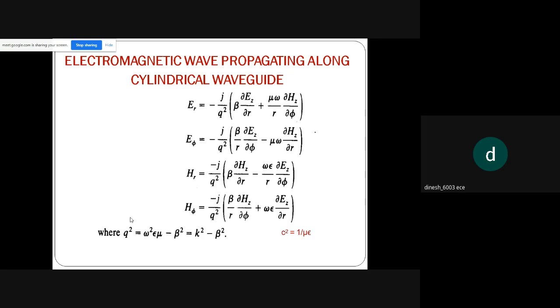For this, refer to your electromagnetic fields subject, unit number 4, for the determination of all the 6 different parameters, electric field and magnetic field parameters, for plane wave equations.